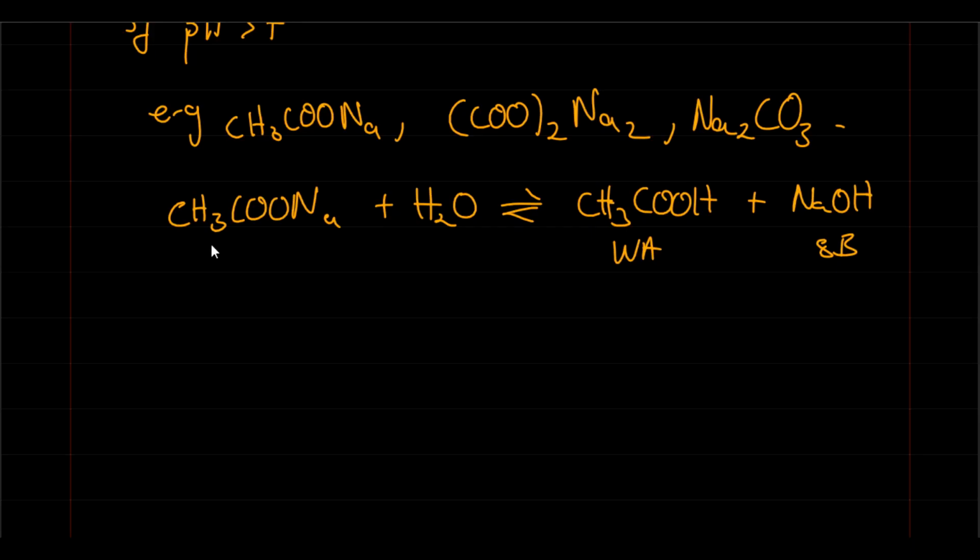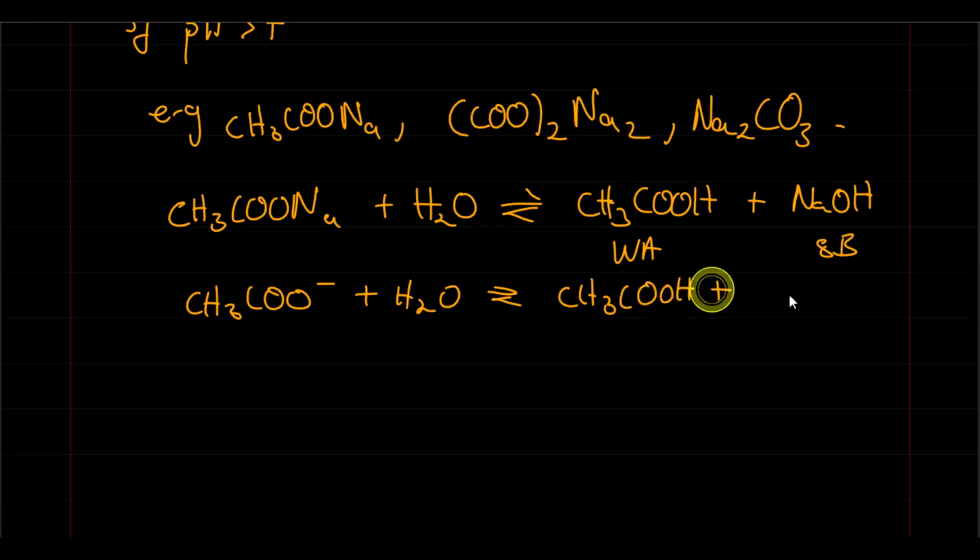Are basic or alkaline, and its pH is greater than 7. So if we were to remove the sodium, because it is a spectator ion, we would have CH3COO minus plus water, giving us CH3COOH plus hydroxide ions.